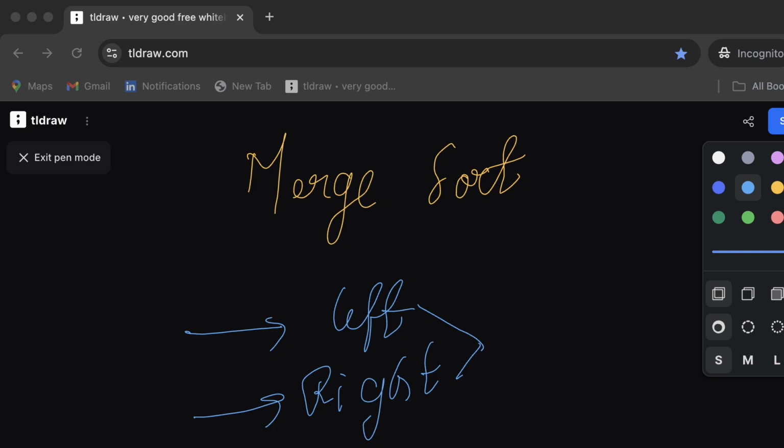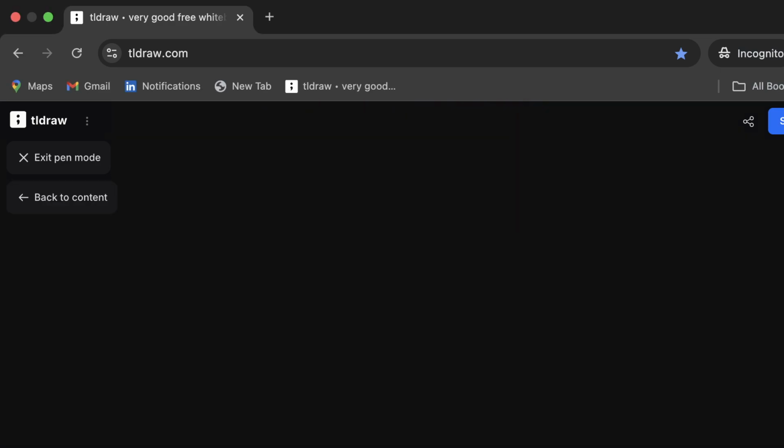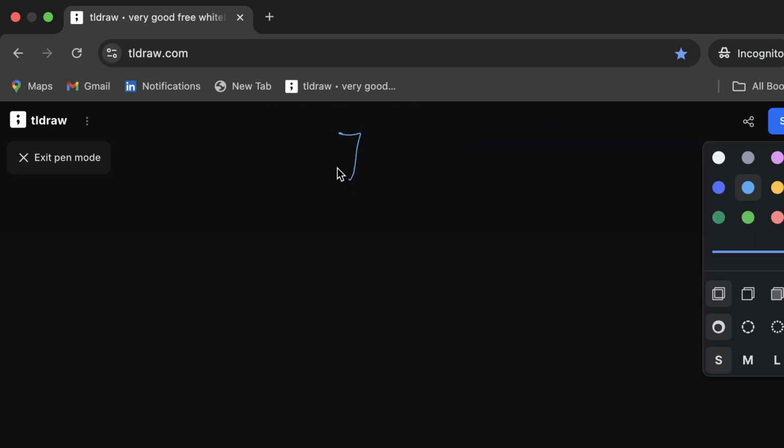Let's draw the recursive tree. Suppose it's n. Then I'm going to have two halves. If it's a 16 size array, I'm going to split it equally into two sides.